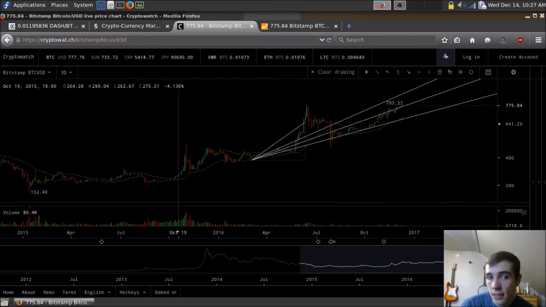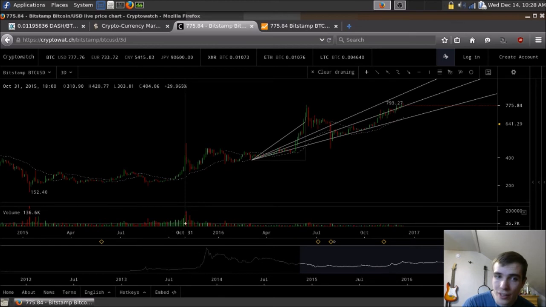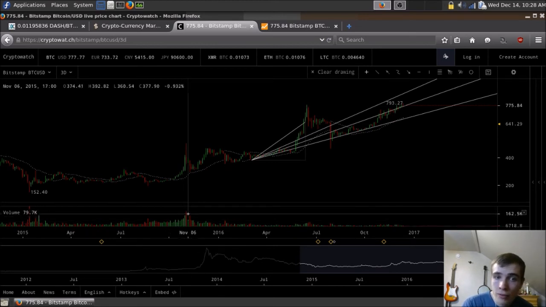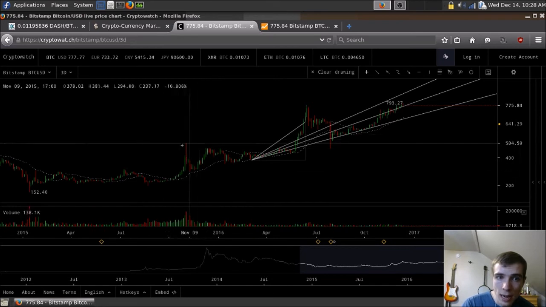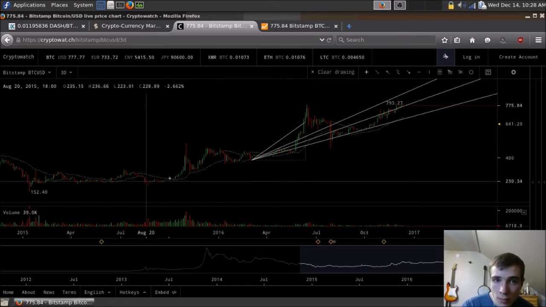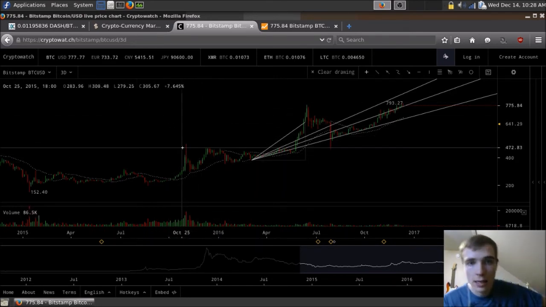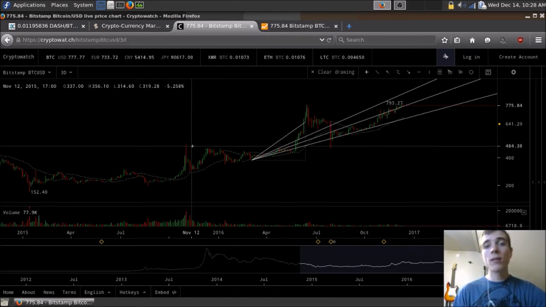And we have seen a decrease in volume. We've seen a consistent increase in value, but we've seen a decrease in volume since this little area right here, this 500 peak, I like to call it, just when it peaked out at $500. We've seen a consistent downtrend in the amount of volume that is being put into it.